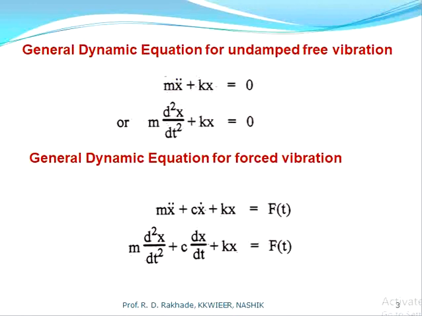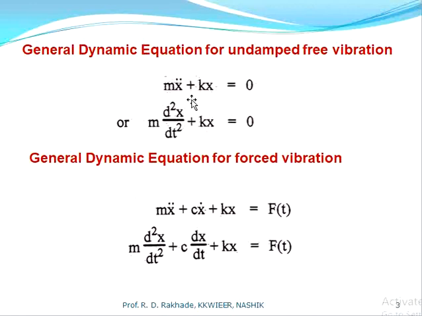So we know that the general dynamic equation for undamped free vibration we can represent by m x double dot, that is the double derivative, plus kx equal to 0. So m represents the mass of the body, x is the variable, maybe displacement, velocity, acceleration, or maybe stresses, and k is the stiffness of the body.